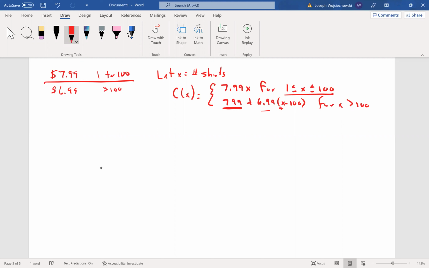Okay, so now next up is intervals of increasing, decreasing, and constant behavior.